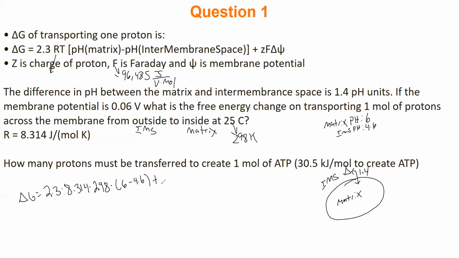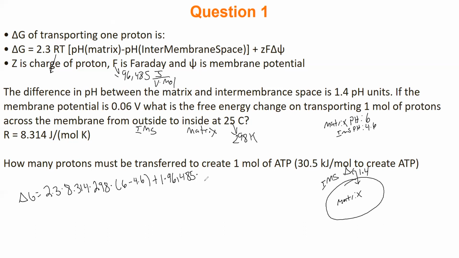Plus Z. Z is the charge of a proton. So Z is 1. Times Faraday's constant, 96,485. Multiplied by the membrane potential.